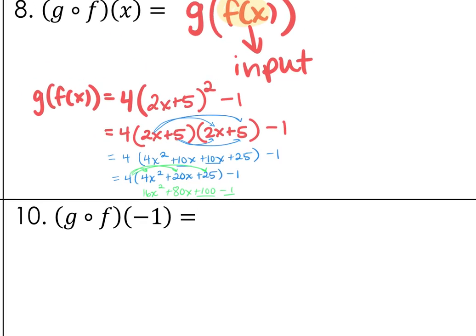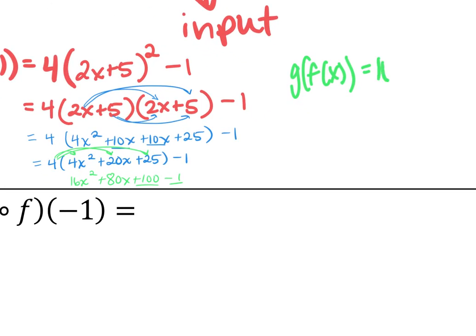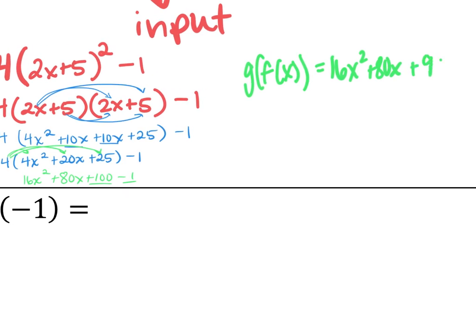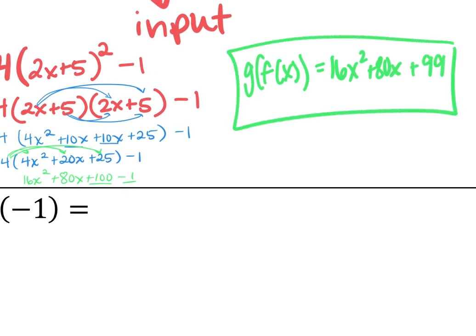So our new function, or our combo, g of f of x is equal to 16x squared plus 80x plus 99. And then the domain here would be all real numbers, because again, there are no limitations on what we could plug in there. All right, so that is part 1 of notes.